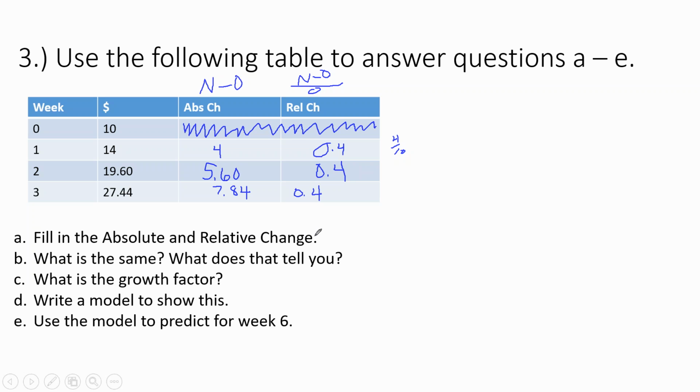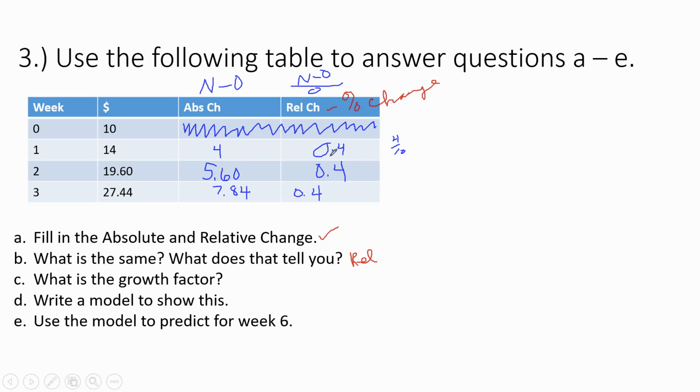All right, so the first question we're going to ask is, which one is the same, absolute or relative? Looking at the values that I put in, are the values for absolute change the same or are the values for relative change the same? Relative change. Exactly. And you might recall from yesterday that relative change is also known as percent change.